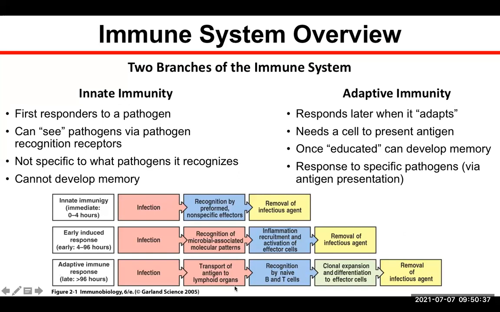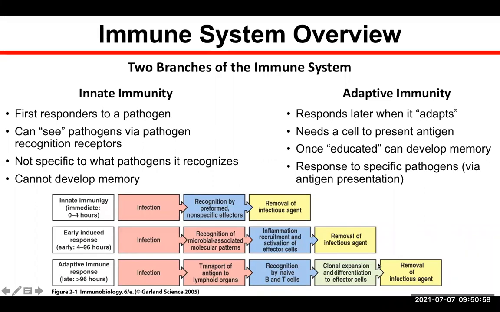Just a preface: innate immune cells will start to talk to your adaptive immune cells. Once they recognize that specific antigen, the B and T cells, which are your adaptive immune cells, are going to undergo something called clonal expansion.